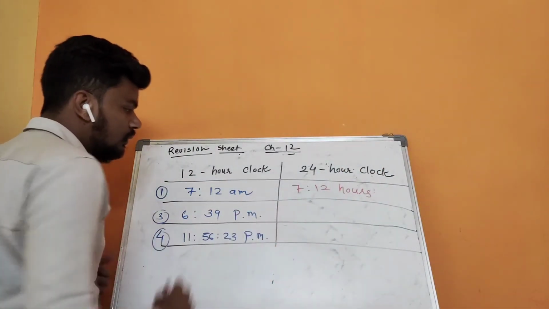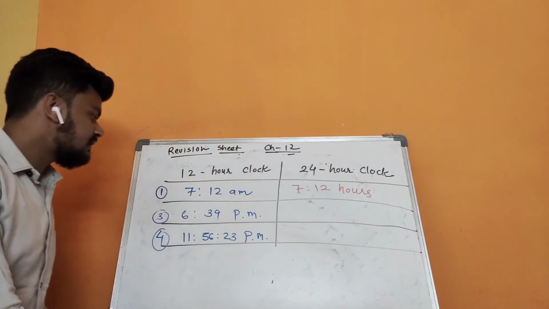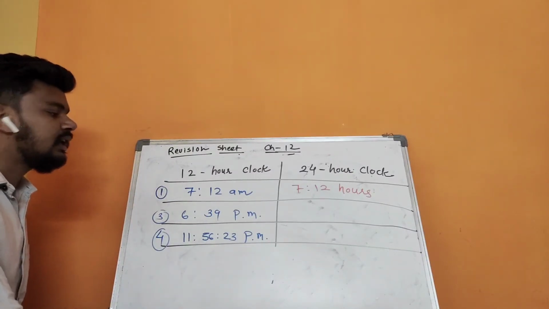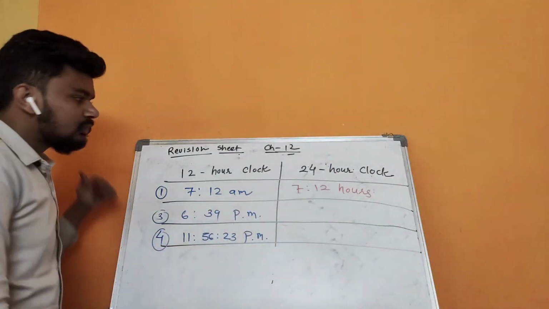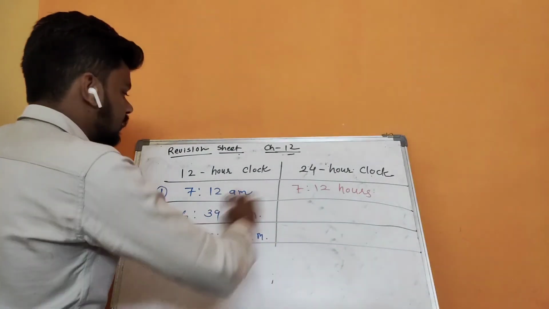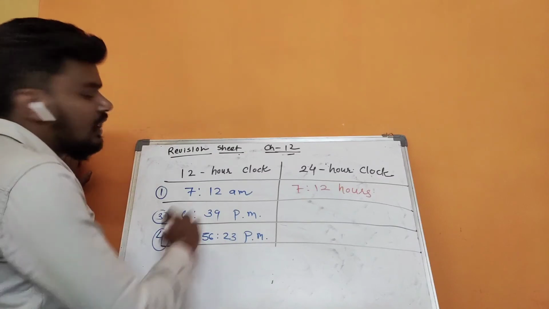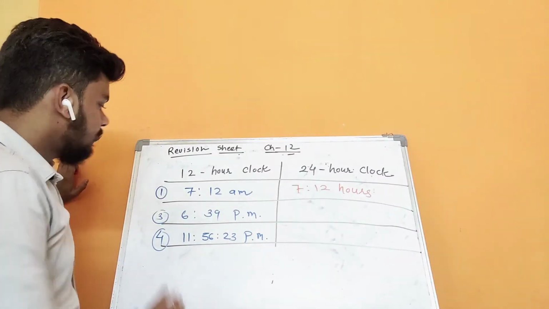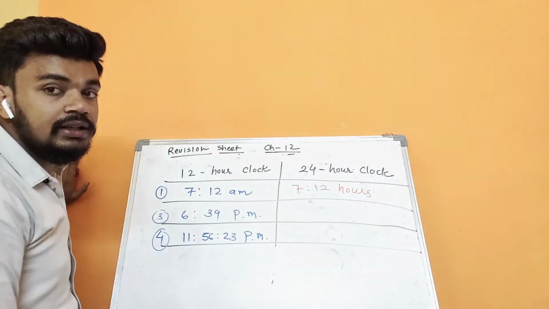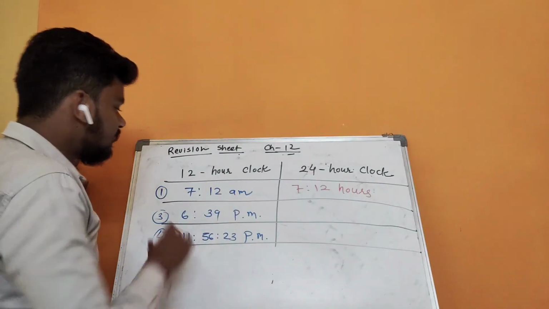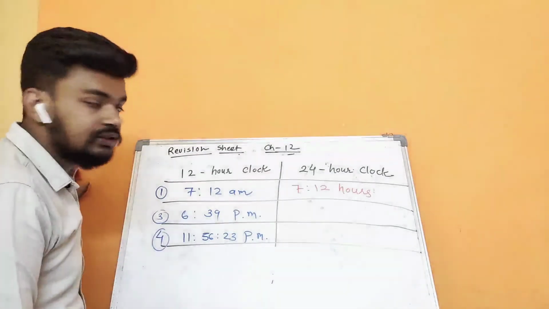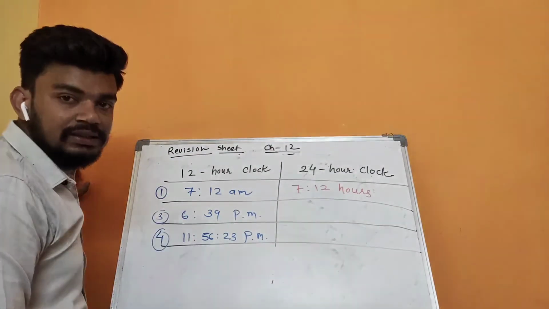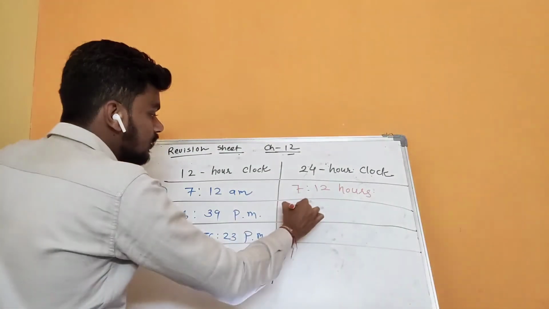Next, third one, 6:39 p.m. Okay, so this is converted like this: it is after the noon time, 6:39 p.m., right? So in this one we have to add 12 hours in the hour section. So 12 plus 6 is equal to 18.